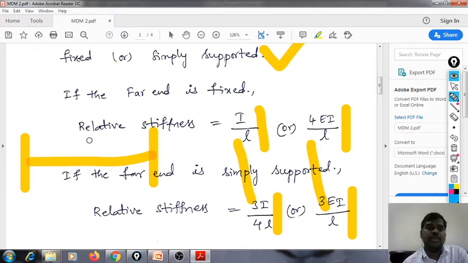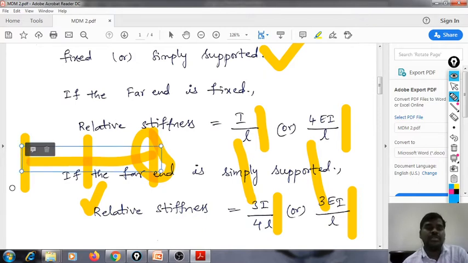Suppose this is a beam. If you want to find the relative stiffness with respect to this end, and the far end is a fixed end, we have to use the formula I by L. Suppose this is a simply supported end, here we have to use the formula 3I by 4L.